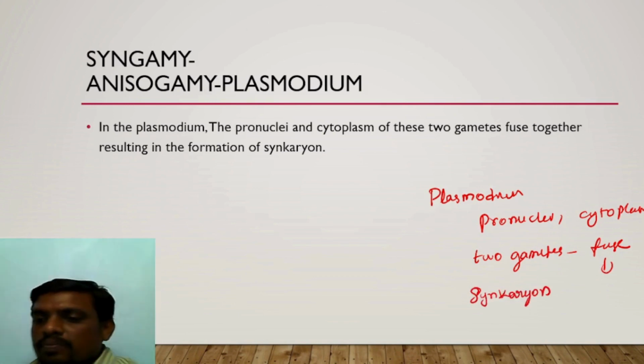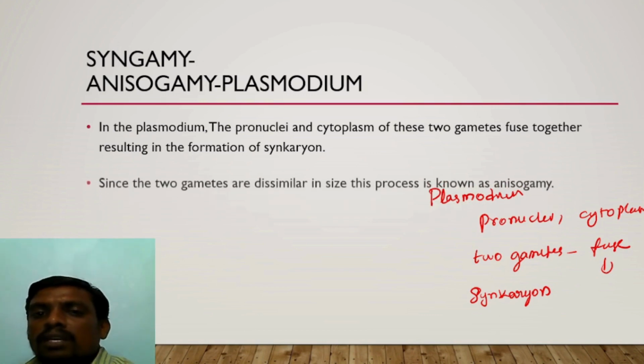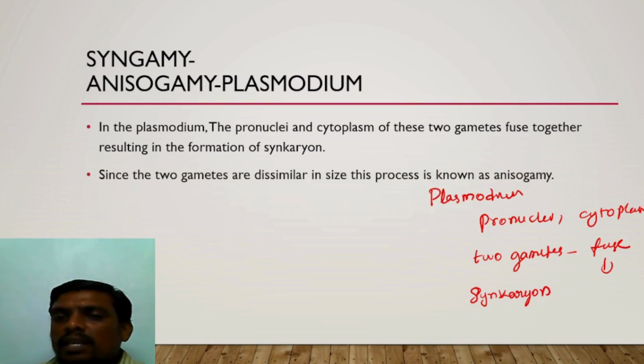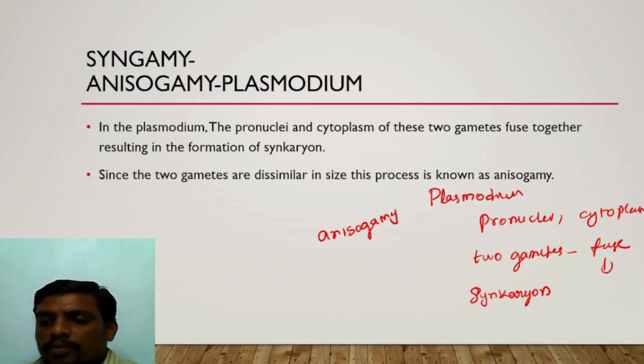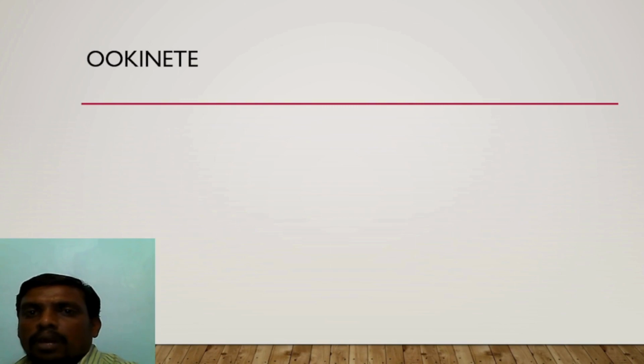In this case, male gamete and female gamete are dissimilar in size. Their size is different. This process is basically called anisogamy. What is that called? Anisogamy.